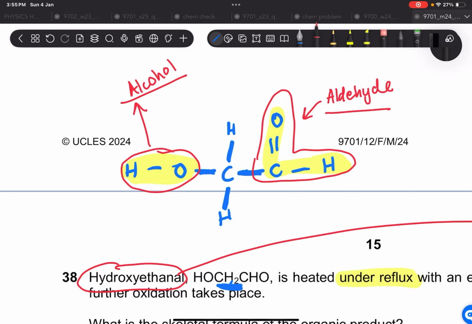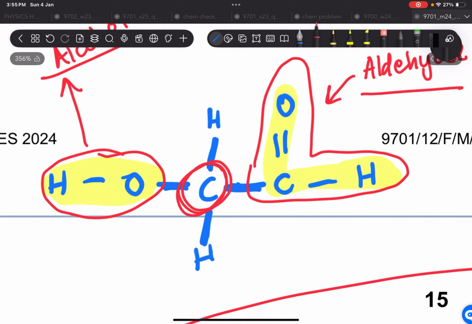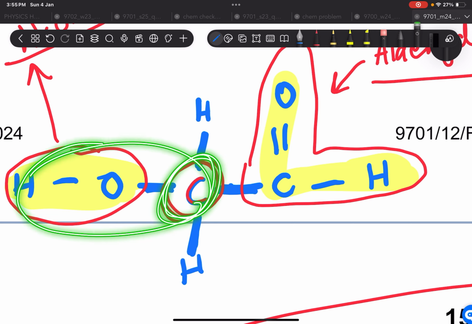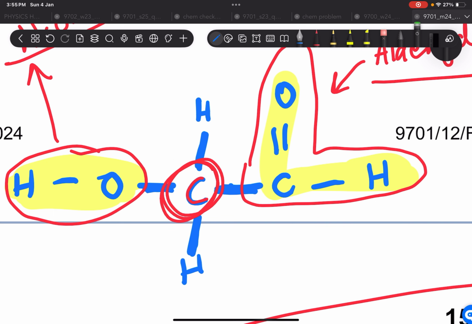A primary, a secondary, or a tertiary? This carbon, known as the alpha carbon, is attached to OH. This carbon has two hydrogens attached to it, and when a carbon has two hydrogens attached to it, that's a primary alcohol. This alcohol is a primary alcohol. And whenever primary alcohols oxidize, what do you form?